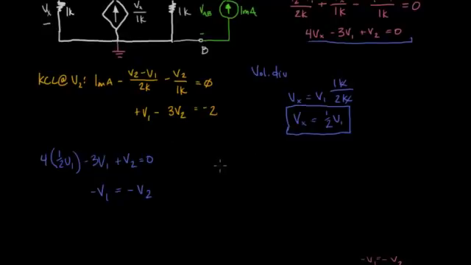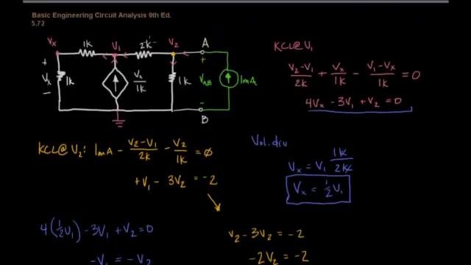We get V2 minus 3V2 equals minus 2, or minus 2V2 equals minus 2, or V2 equals 1. So we now have V2, and remember that V2 is equal to VAB, same thing.